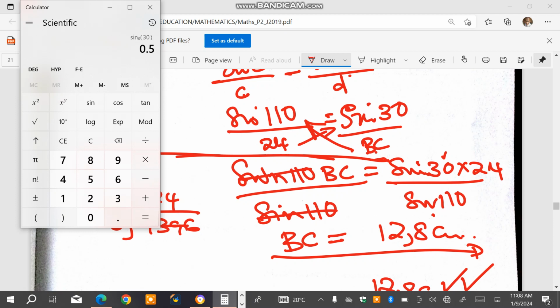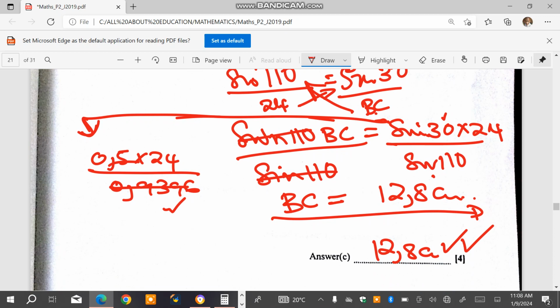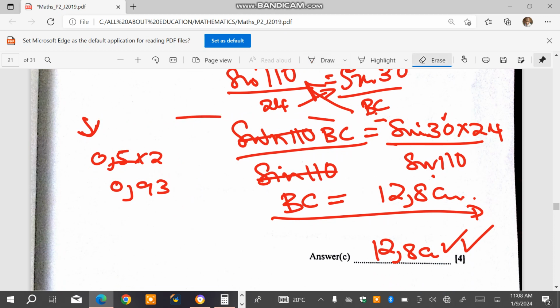Okay, then I'm going to show you again sine 110, it's 0.93. So you divide it correctly as I did here. Then if you do it correctly, you're going to obtain the correct answer.